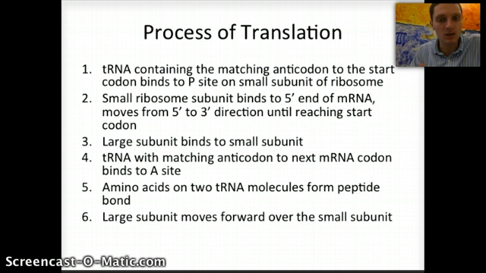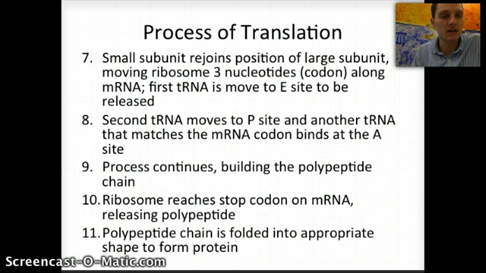Then that large subunit moves, and in step 7, the small subunit rejoins the large subunit, moving towards that 3' end on the messenger RNA. The first tRNA is moved to the E site to be released, as we discussed, and then another tRNA molecule is brought in at the A site, and that second tRNA is moved to the P site.